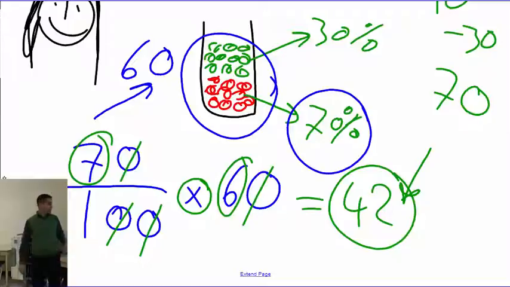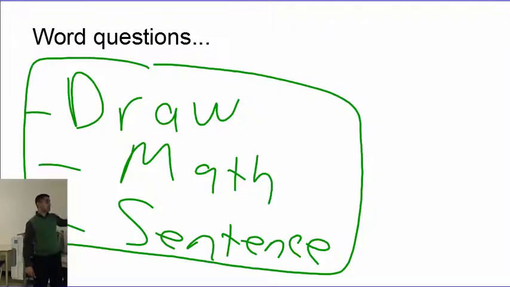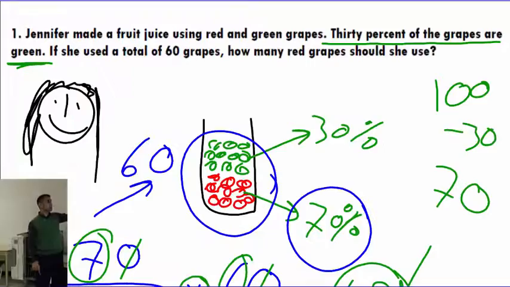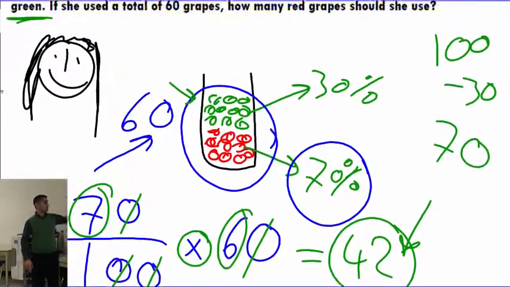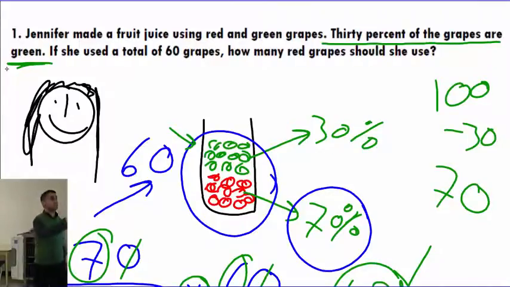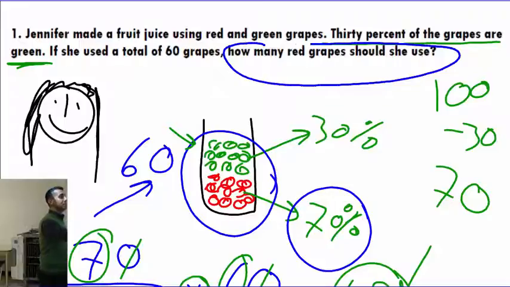And am I done? Remember, this is a word question. Drawing, I did that. This is ugly Jennifer, but she is Jennifer. And I have the glass here, and the grapes are there. And here is my math. I have the math here. And now the sentence. Where is the question? Question is here. The sentence I should write down is this. How many red grapes should she use?